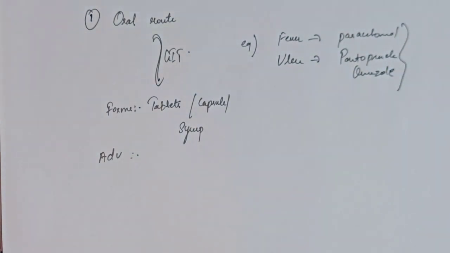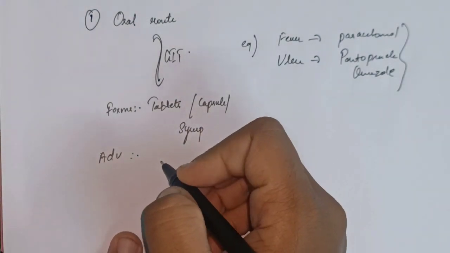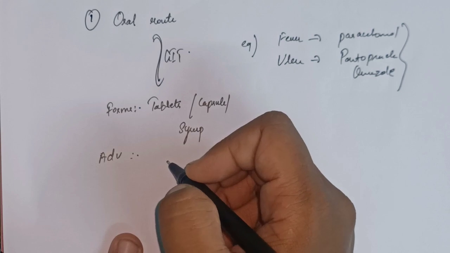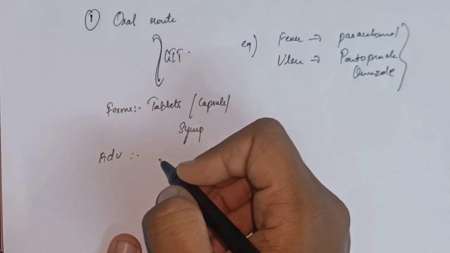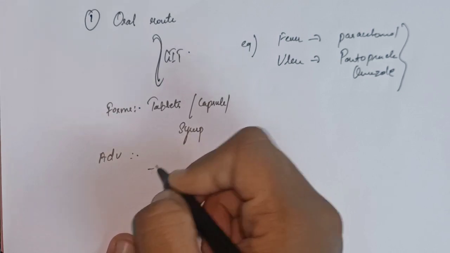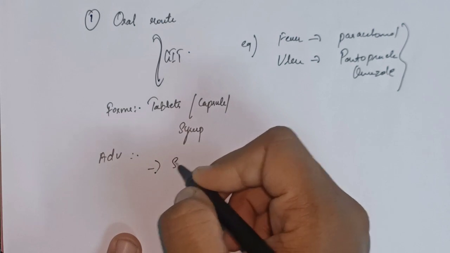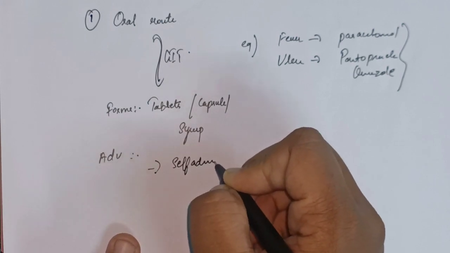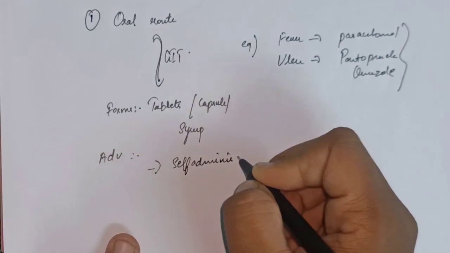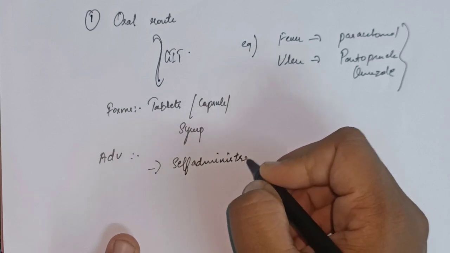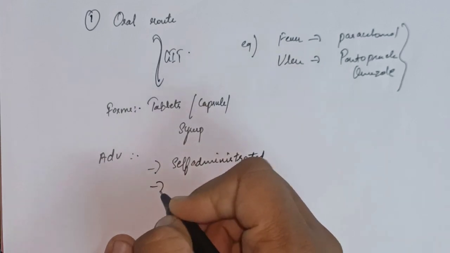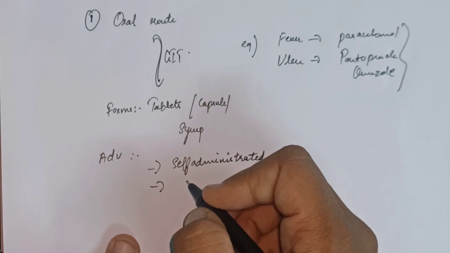What is the advantage of this? If a patient is prescribed paracetamol, they will take it by themselves, right? So that is self-administrable. Second, it is a safer route, even if you take one tablet.